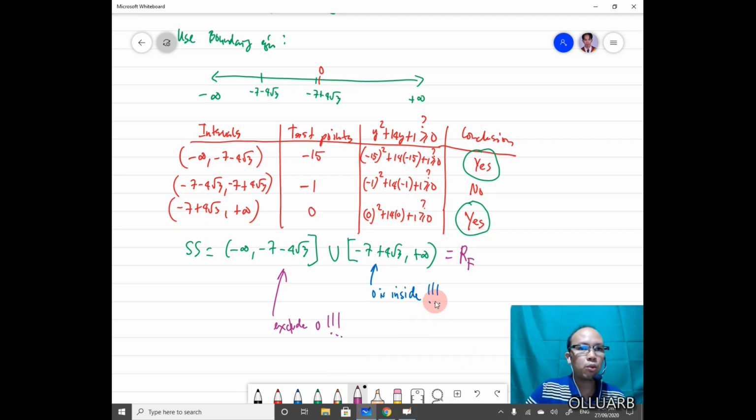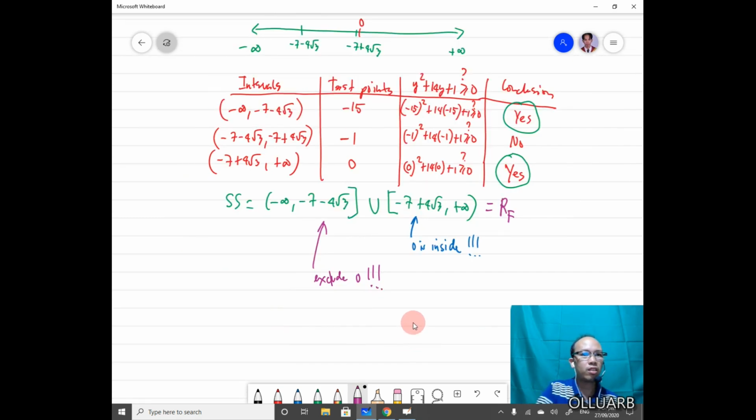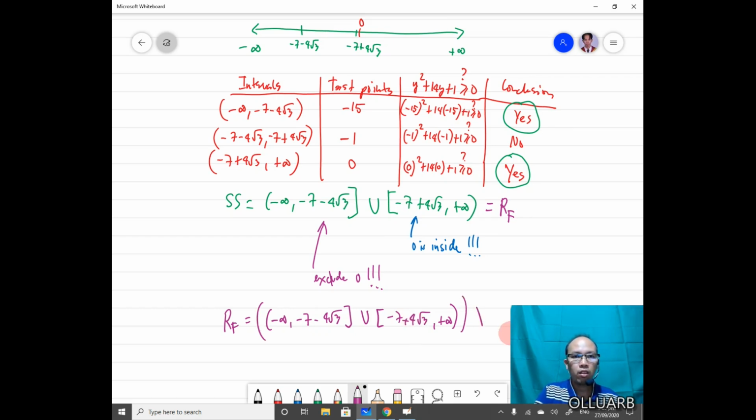So actually, if you want to write it formally, R sub F will be the set from negative infinity to negative 7 minus 4 square root of 3, union negative 7 plus 4 square root of 3 to positive infinity, excluding 0. You have to exclude 0.